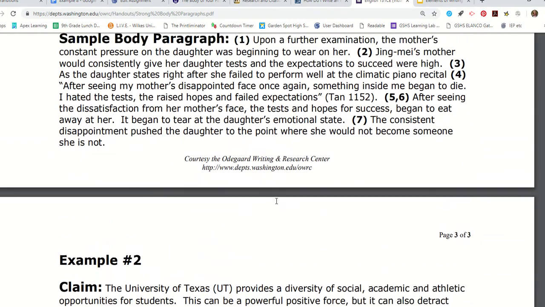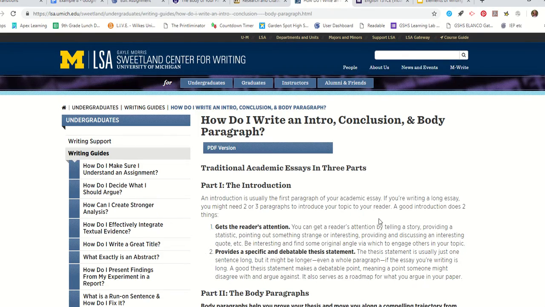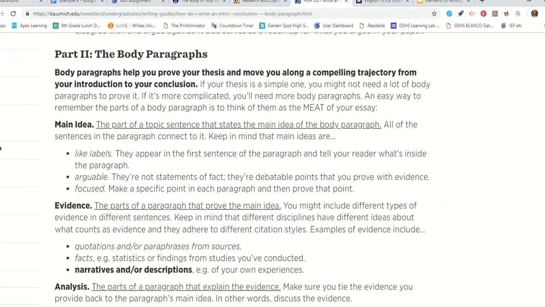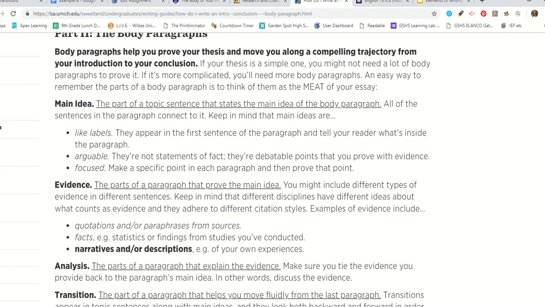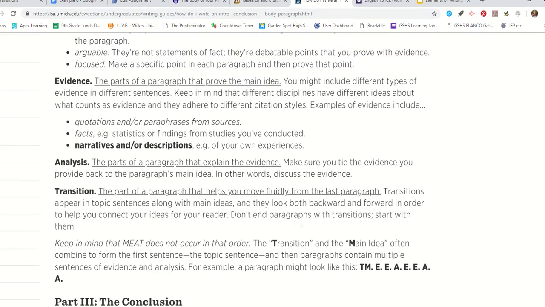There's a sample body paragraph with the sentences labeled. Some other things you can do: you can provide analysis, you can transition, you can use quotes, paraphrase, facts, statistics, descriptions.